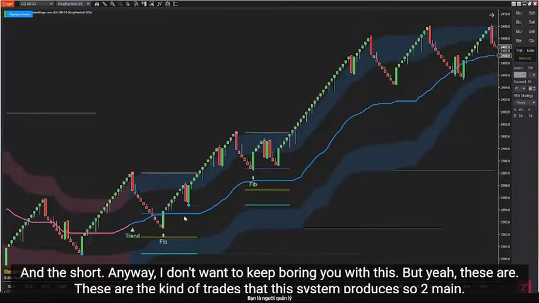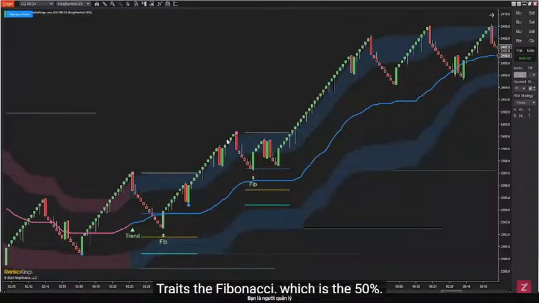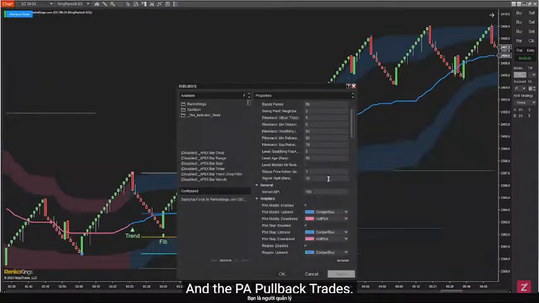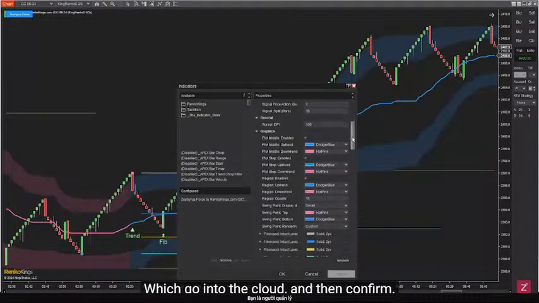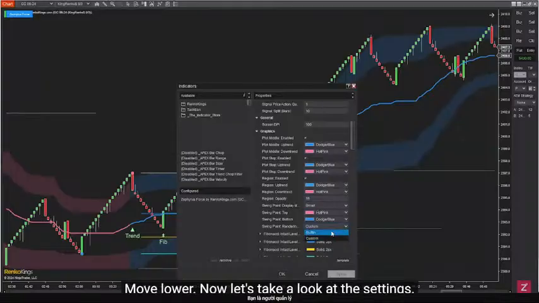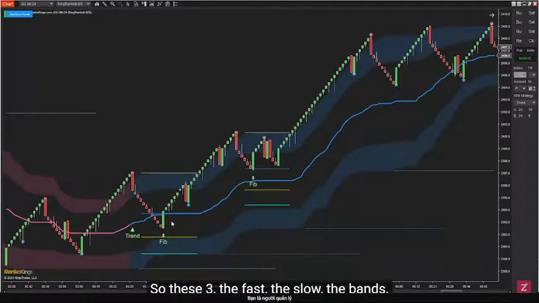I want to make it clear, it does not come with automation. However, if you have a third-party system that can automate chart objects, let me show this. And you go down to, you see where it says custom? You change that to built-in. What it does is it would now allow a third-party software to take these trades automatically.